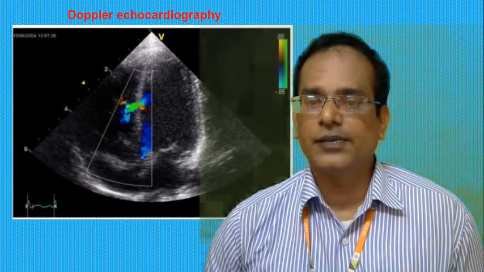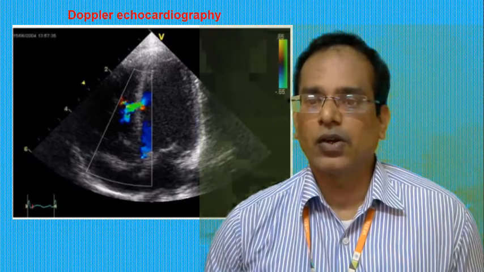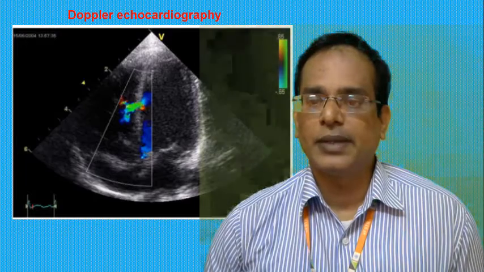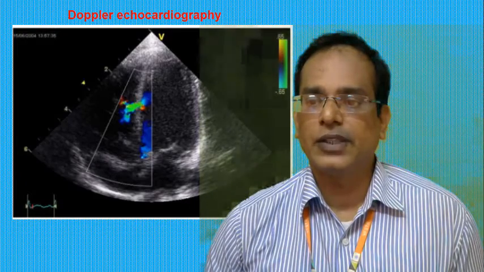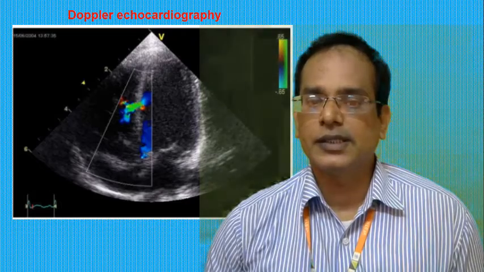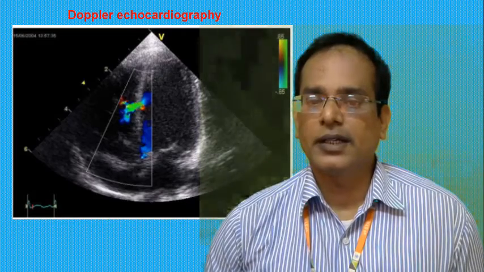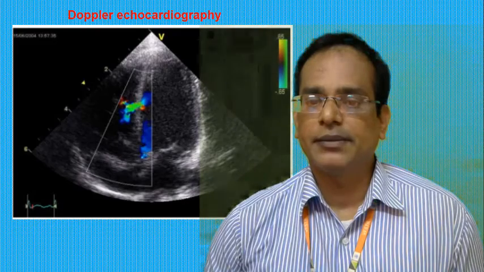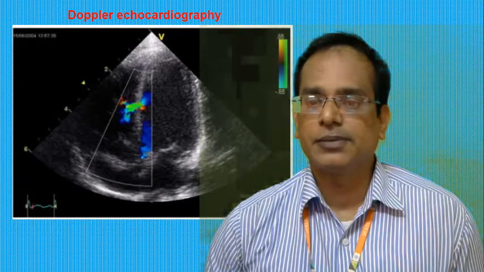The advantage of Doppler echocardiography is that it can be used to measure blood flow within the heart without an invasive procedure such as cardiac catheterization. Catheterization can be avoided with the help of this procedure.